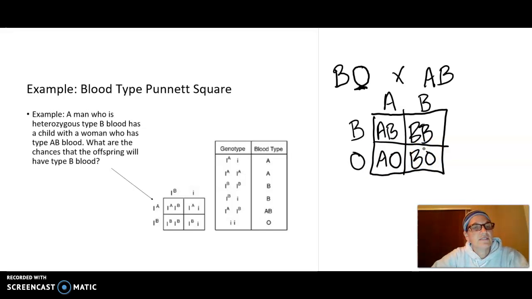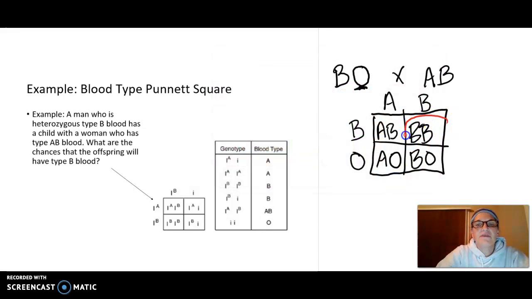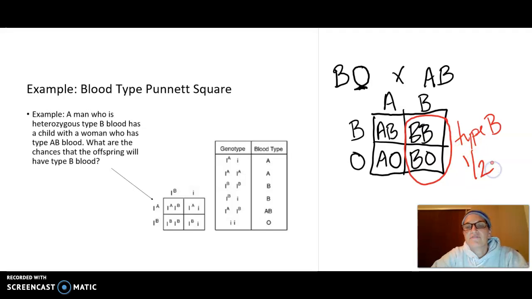And so the question says, what are the chances the offspring will have B blood? Well, in this scenario right here, both of these are type B blood. And so type B blood would be a 1/2 chance.